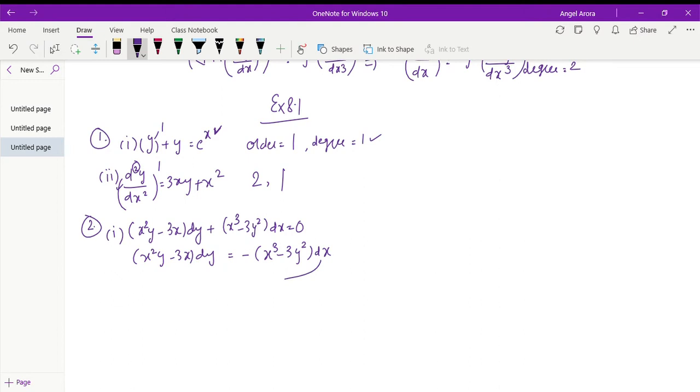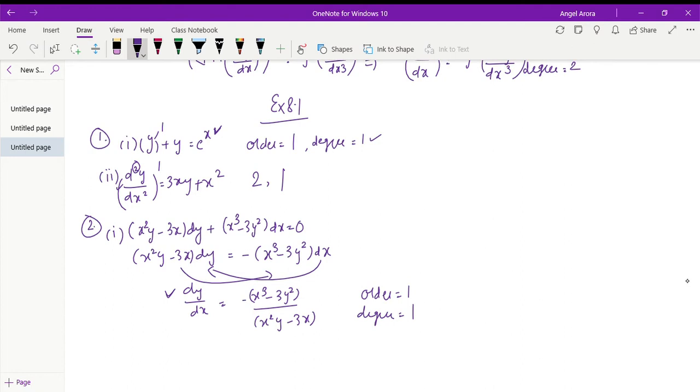Taking dx to this side we get dy upon dx, and taking this to this side we get minus x cube minus 3y squared upon x squared y minus 3x. So this is a first order derivative, so the order will be 1, and the degree will also be 1 because this is in polynomial form.